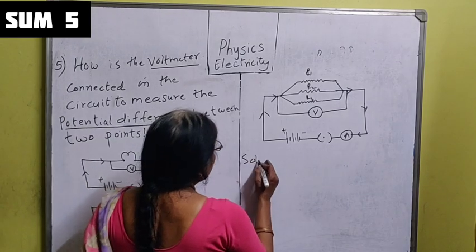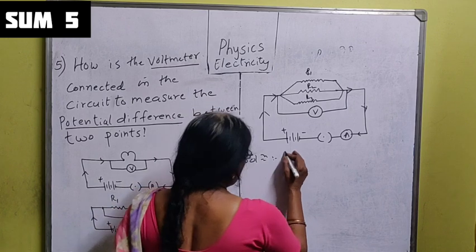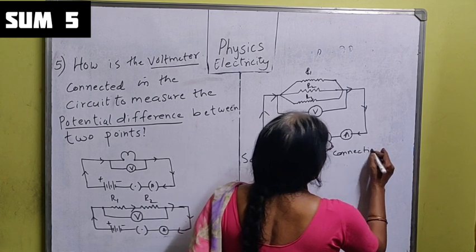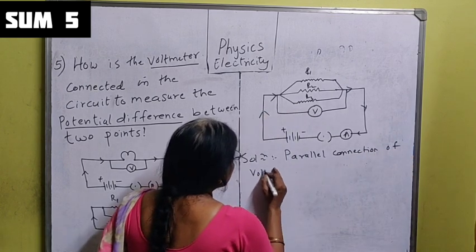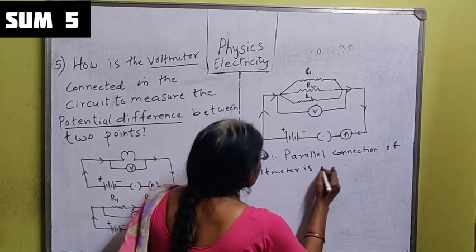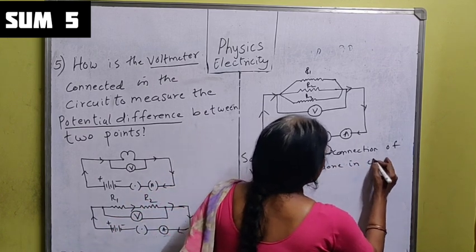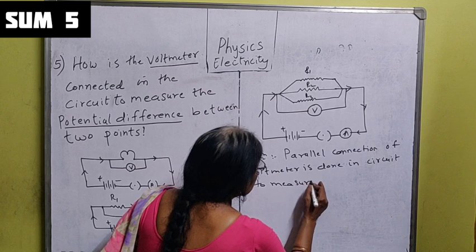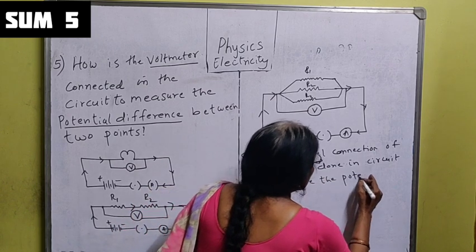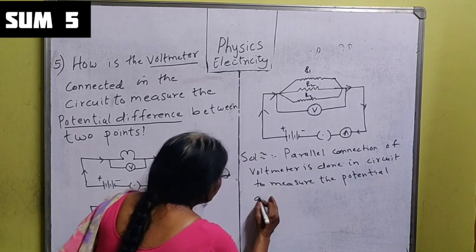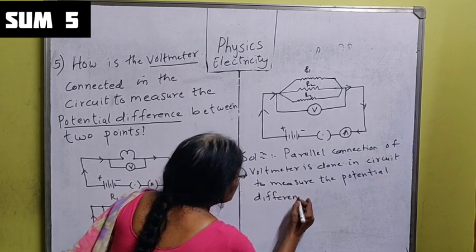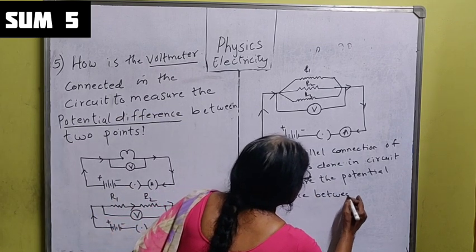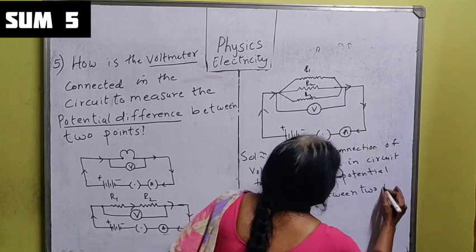So your solution or the answer will be: parallel connection of voltmeter is done in circuit to measure the potential difference between 2 points.